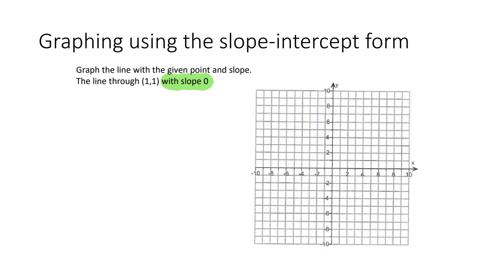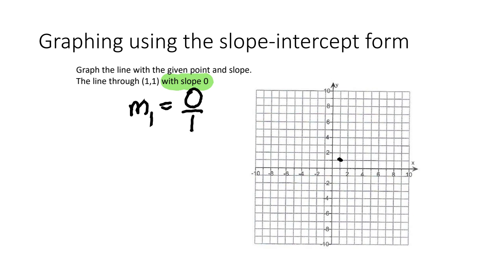Okay. It's going to be right here. Let's make it black. That's my (1, 1). Now remember, slope 1 is 0 over 1.